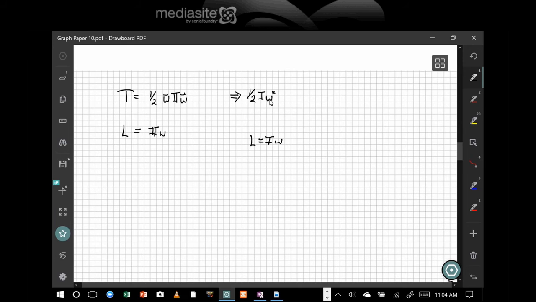L is a column vector, L1, L2, L3, and that's going to be equal to I, which is a 3×3 matrix, times omega 1, omega 2, omega 3. Again, this is why you have to know how to multiply matrices. And again, if I have a diagonal matrix here, that makes the matrix multiplication a lot simpler to do.